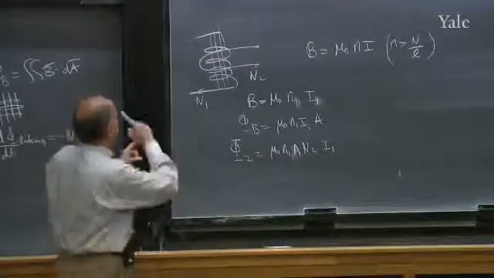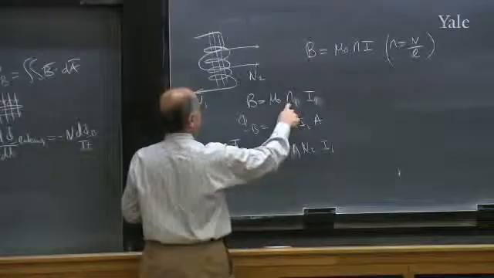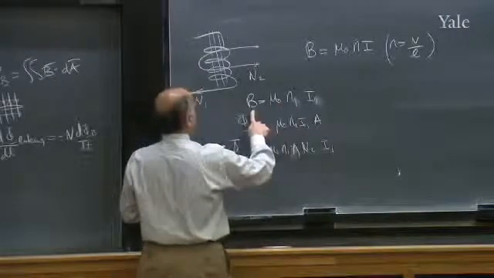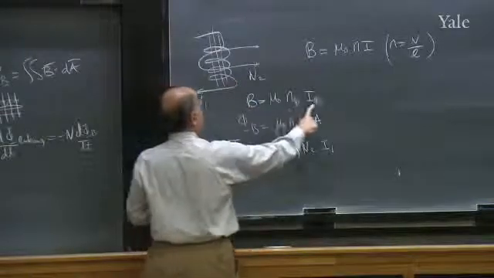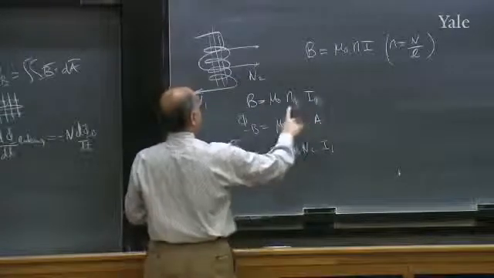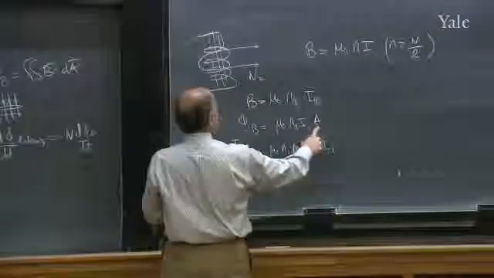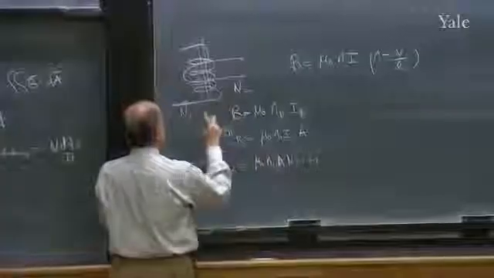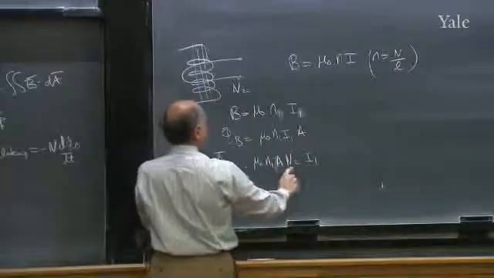So the first coil has some wrapping density of wires, N1 turns per unit length. I've shown you long back from Ampere's law, the magnetic field it produces has that B value. The integral of the field, which is the magnetic flux, is just area times that. But the linking with the second coil is that flux times the number of turns in the second coil.